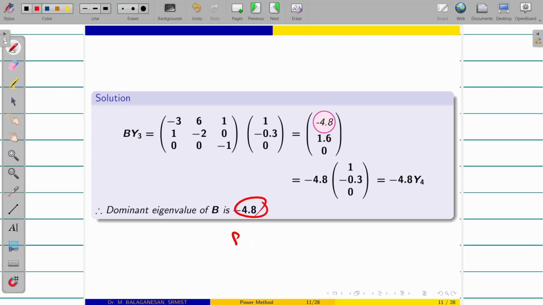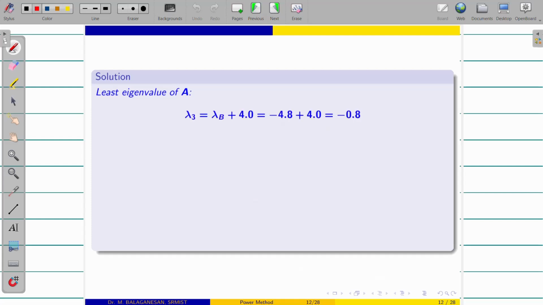Now we have to find the smallest eigenvalue of A. How to do that? Dominant eigenvalue of B plus lambda 1. Then what will it be? Minus 4.8 plus 4 is equal to minus 0.8. Am I right? So this one only is lambda 3. Now the smallest eigenvalue I am going to take as lambda 3.